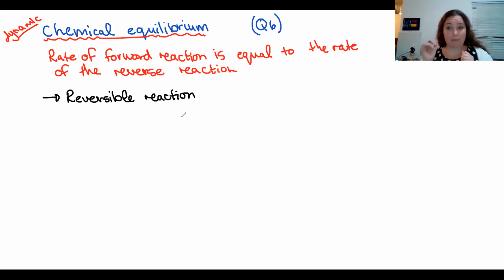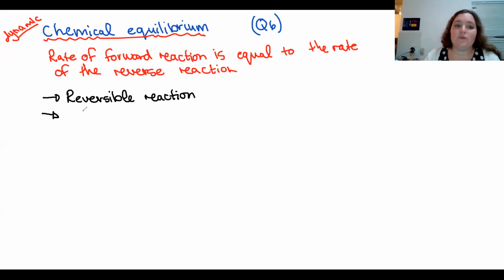If I set a piece of paper on fire, I cannot unset that piece of paper on fire. So only certain reactions go in both directions. If you've been doing the section on fertilizers or you've already managed to get that far, if not, when you eventually get there, you'll see that some of their reactions establish equilibrium and others don't. One of the main reasons for that is whether or not the reaction itself is reversible.